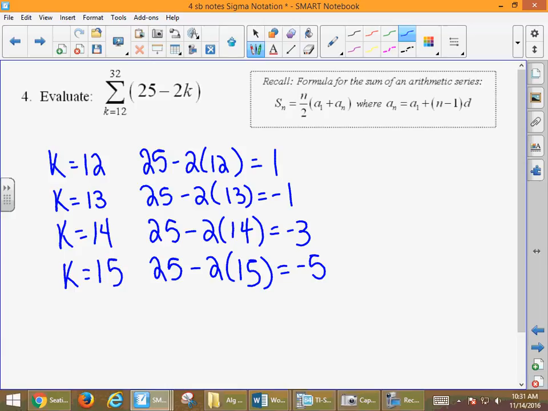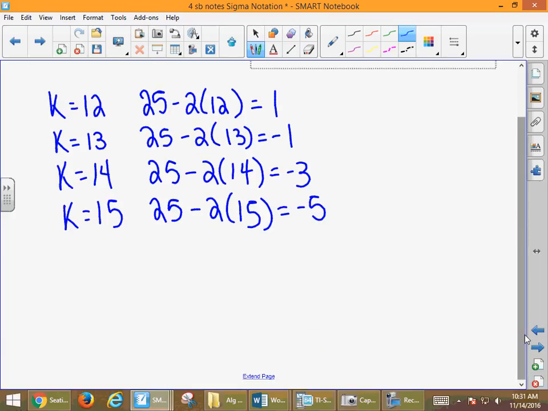And usually after 3 or 4, a couple things happen. One, we see a pattern, which enables us to identify, is this going to be an arithmetic or a geometric series? And hopefully you're thinking arithmetic, especially with my formulas there in the upper right hand corner, which go with arithmetic.